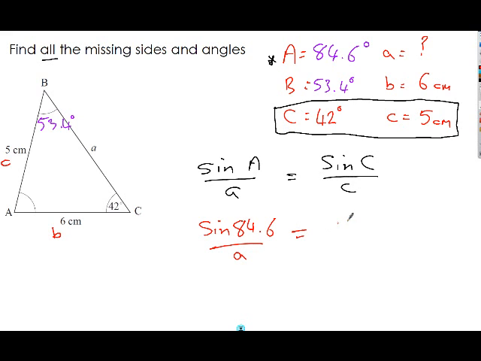We don't know what A is yet. Sine 42 over 5.